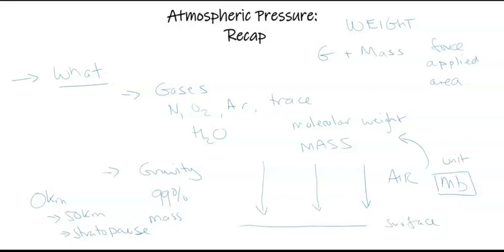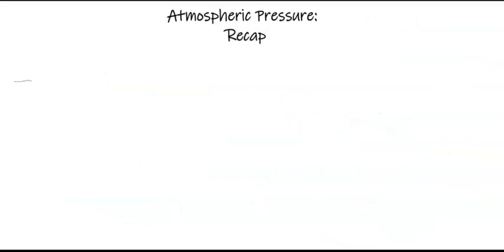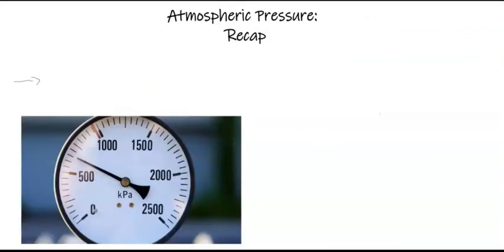You can use Newton meters or kilopascals or pascals, but we use millibars in this case. And this creates an average pressure of 1,013 millibars on the surface, caused by gravity and the weight of the molecules pushing down on the surface.